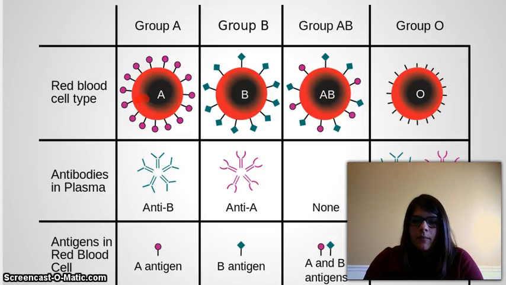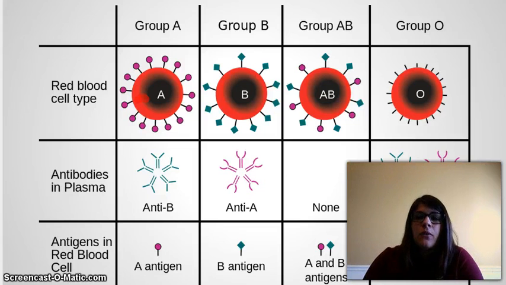If you are type A, you can only receive from type A and O. Now in type B, we have the type B antigen on the cell, and in the plasma we have the antibody A, and type B can only receive type B or O.